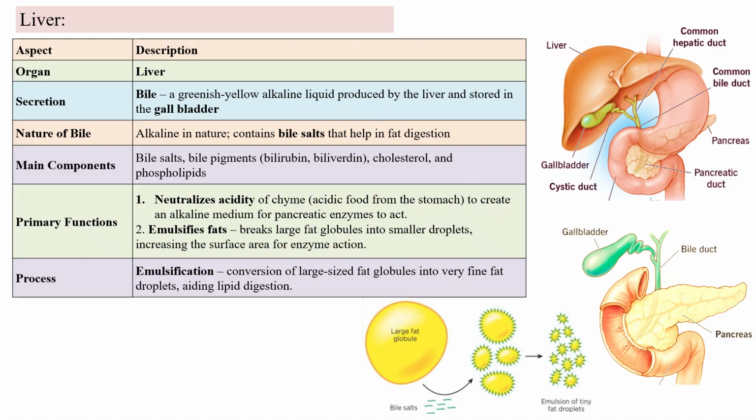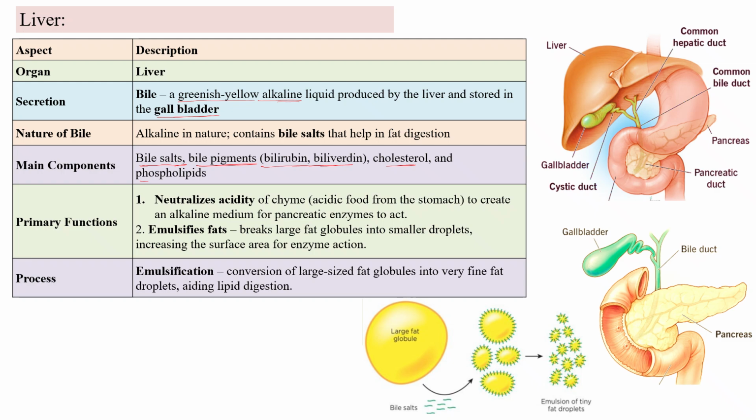Now this bile which is secreted by the liver is stored in the gallbladder, and it is greenish yellow alkaline liquid, and it consists of bile salts, bile pigments, that is bilirubin and biliverdin, cholesterol and phospholipids.